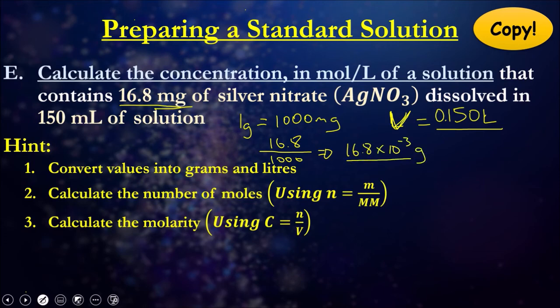Now to find the number of moles, 16.8 over the molar mass. So you need to work out the molar mass of silver nitrate. I have 1 nitrate, 3 oxygens, and 1 silver atom.